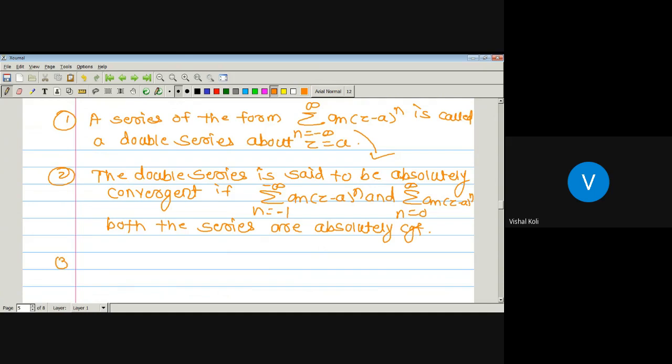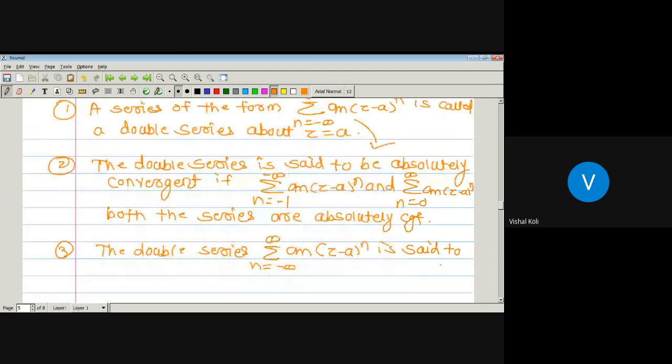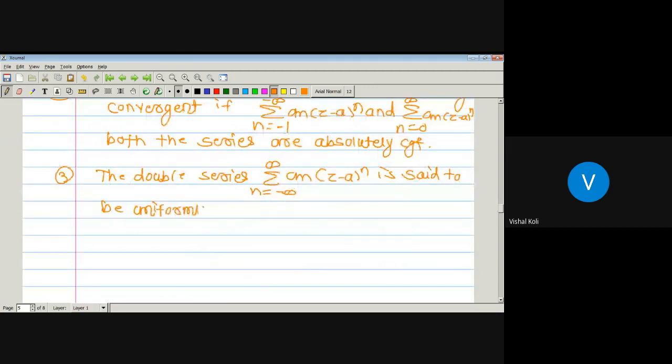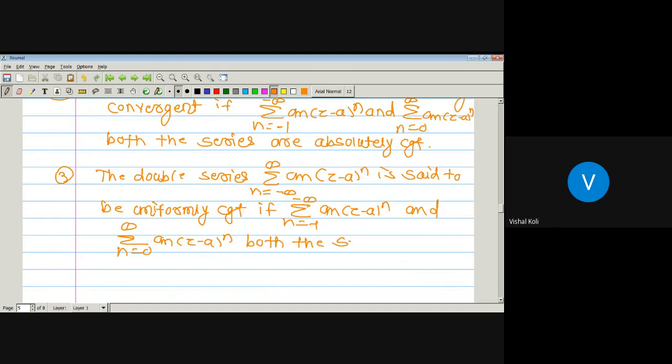Now the last note: the double series, that is, series n running from minus infinity to infinity a_n (z minus a) to the power n, is said to be uniformly convergent if the series n running from minus 1 to minus infinity a_n (z minus a) to the power n and the series n running from 0 to infinity a_n (z minus a) to the power n, both the series, are uniformly convergent.